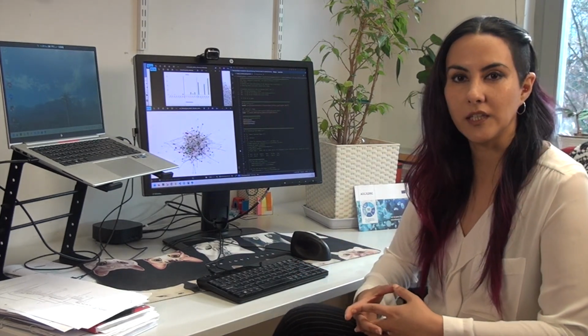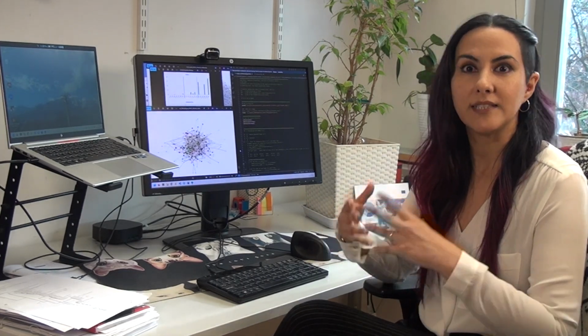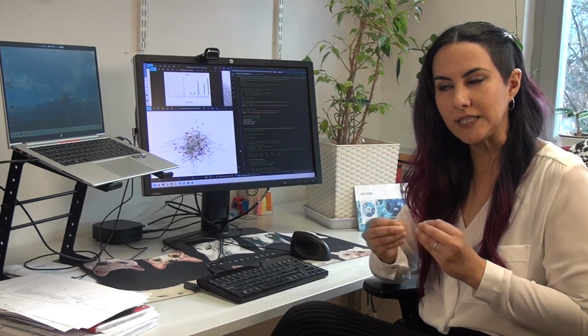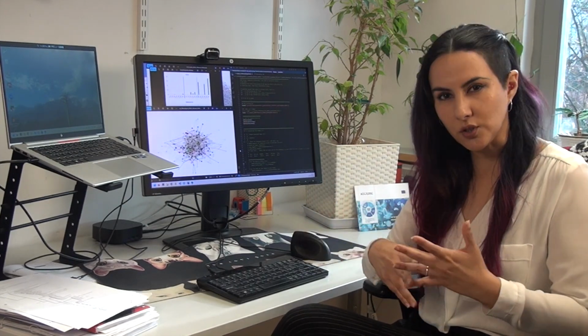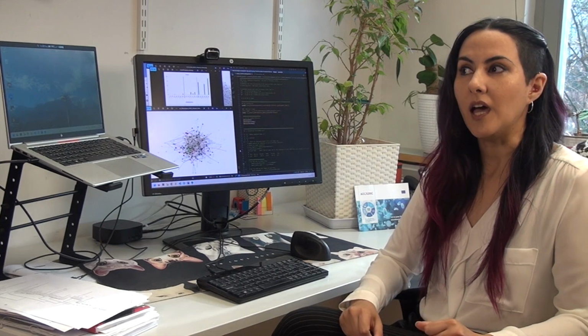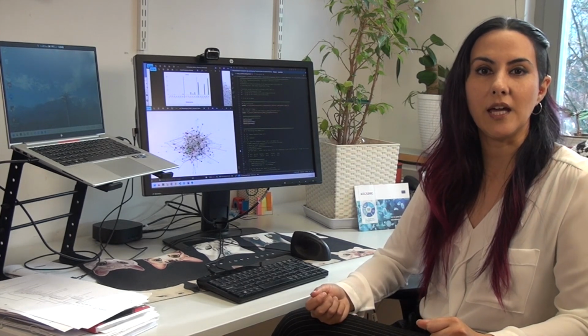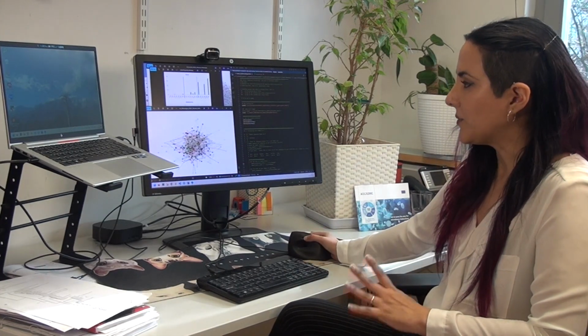I'm specifically looking for some special taxa, some special units that can be more relevant in the structure and the function of the community. That is what we call the keystone taxa, and I'm using a network analysis approach for this. So we get something like this.